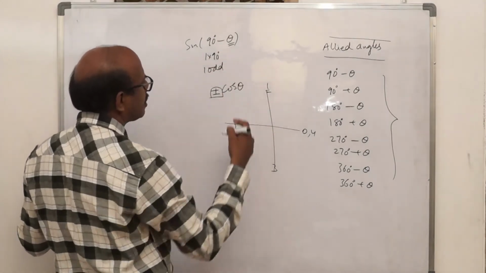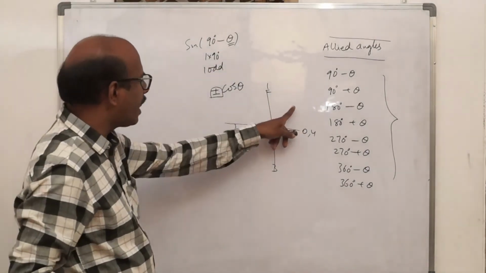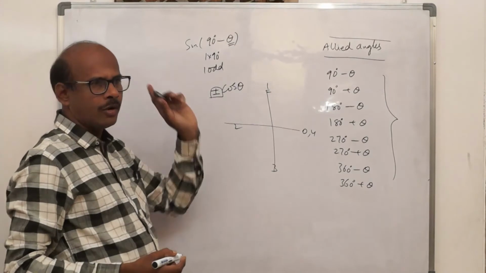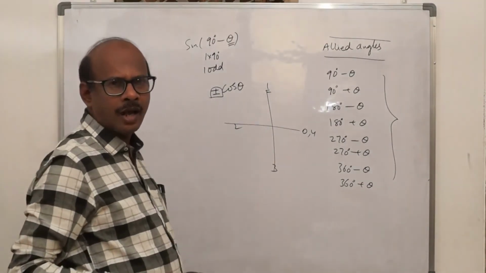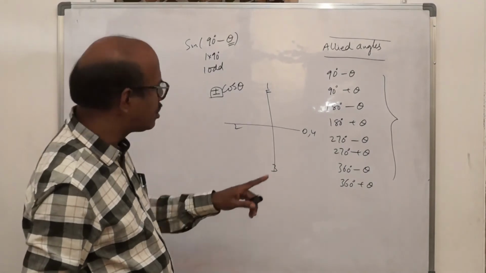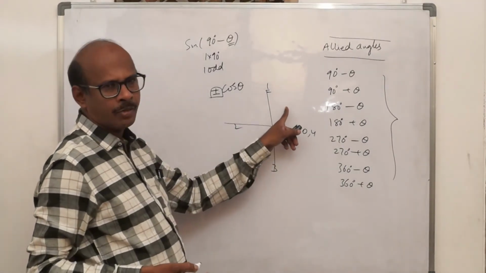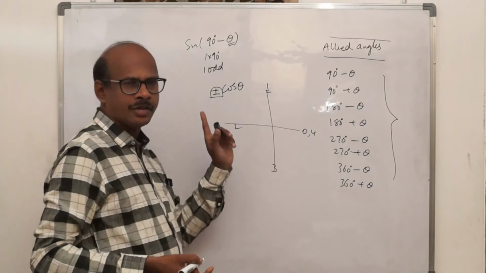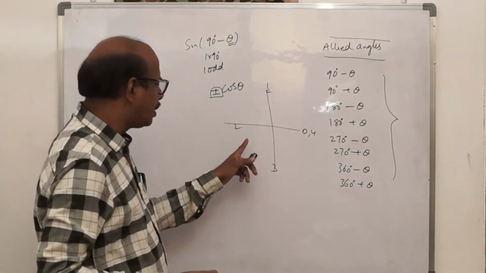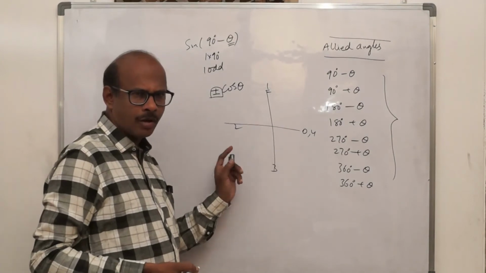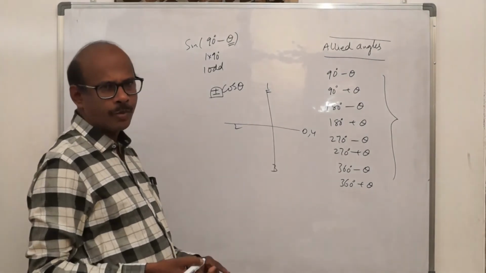Minus means backward, plus means forward. Now minus means it is the first quadrant. According to the sign convention of trigonometric ratios, in the first quadrant all trigonometric ratios are positive. In the second quadrant, sine and cosec are positive, remaining all negative. In the third quadrant, tan and cot are positive, remaining all negative. In the fourth quadrant, cos and sec are positive, remaining negative.